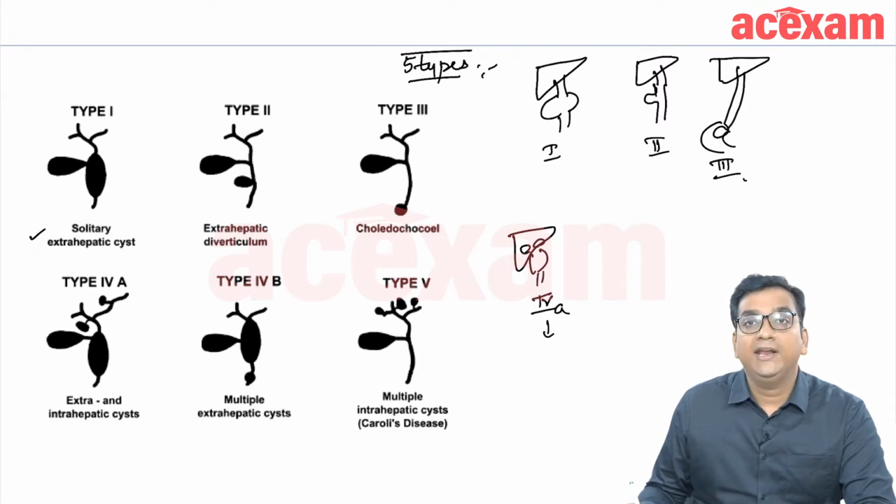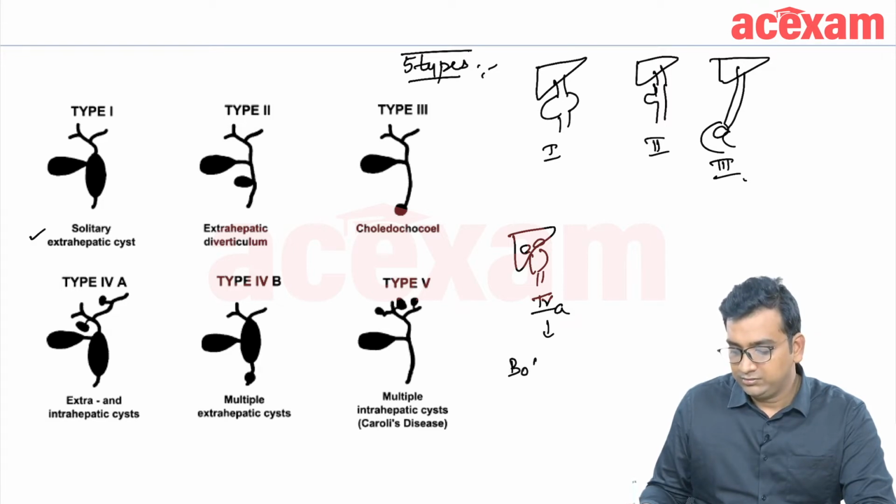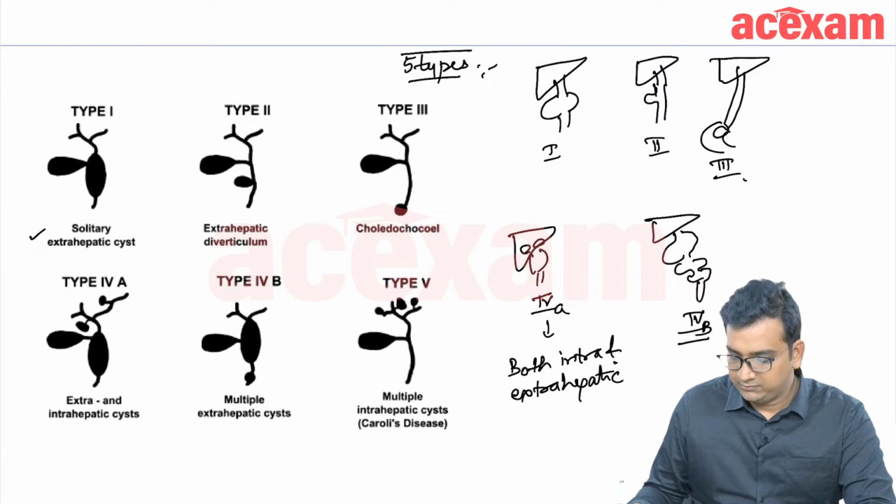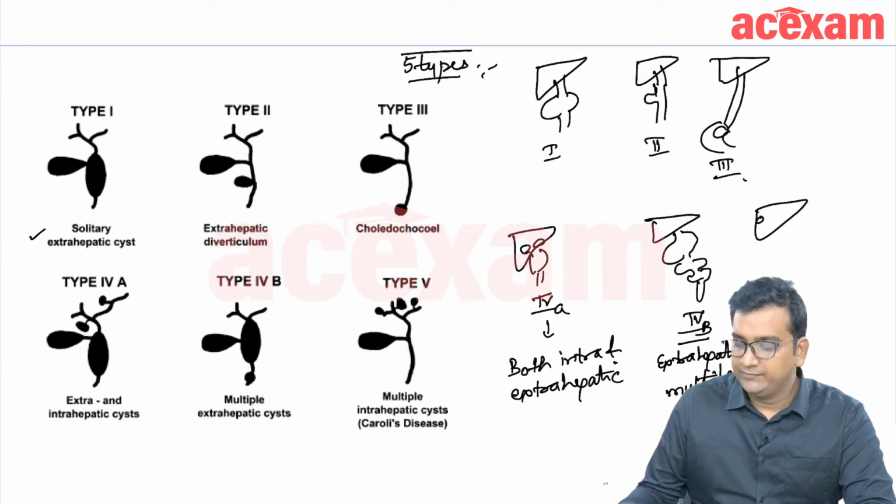So type 4A is both intra and extrahepatic. This is very important to remember. And type 4B is only extrahepatic, multiple. And type 5 is only intrahepatic.